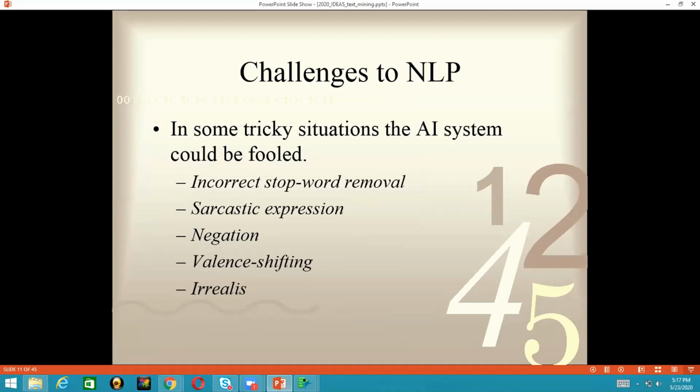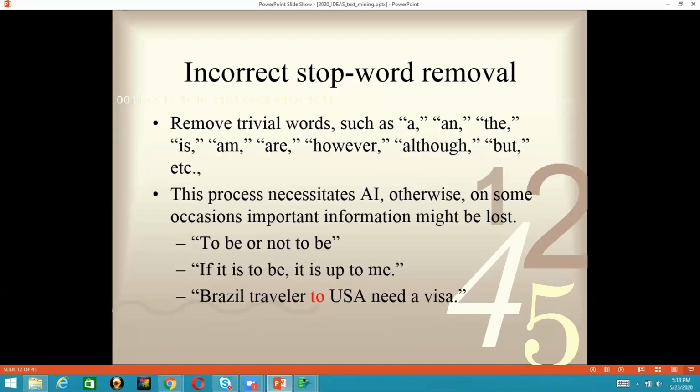For example, incorrect stop word removal. Also, what if somebody says, oh yeah, I like it, wonderful, but he means the opposite? Sarcastic expression, negation, variant shifting. The last one is irrealis, which means counterfactual. And what if something else happened? We'll go over these one by one.